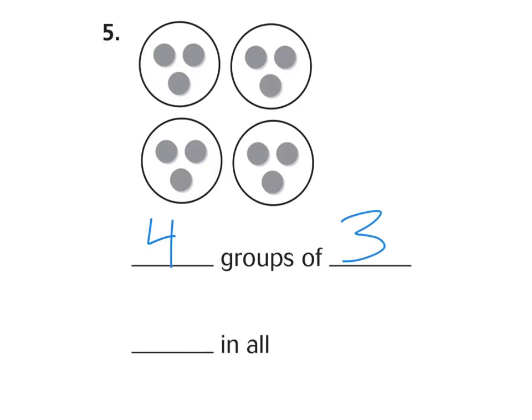So let's count our total number of counters to find out how many we have in all. 1, 2, 3, 4, 5, 6, 7, 8, 9, 10, 11, 12. We have 12 counters in all.